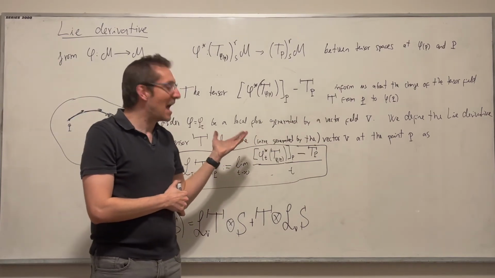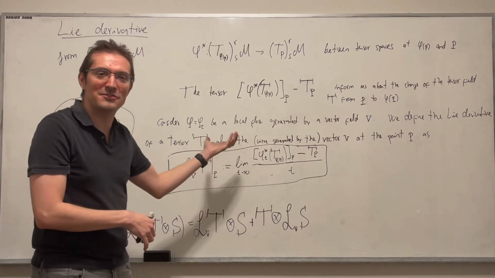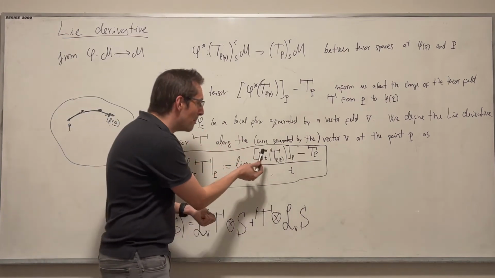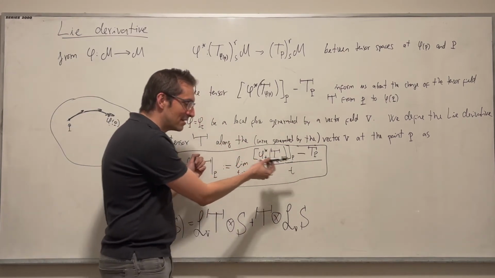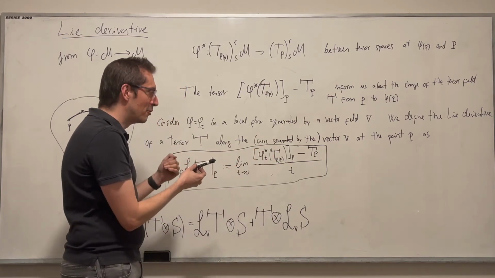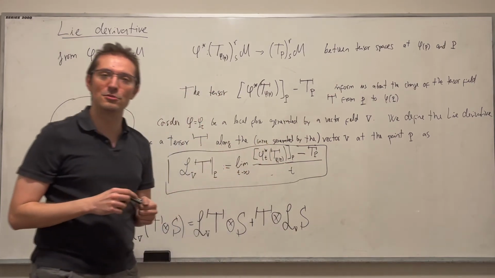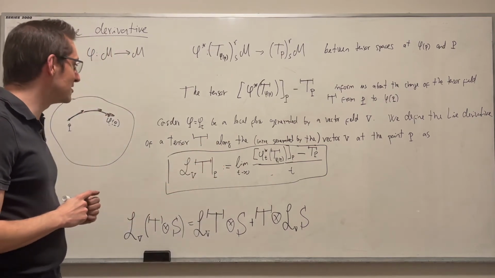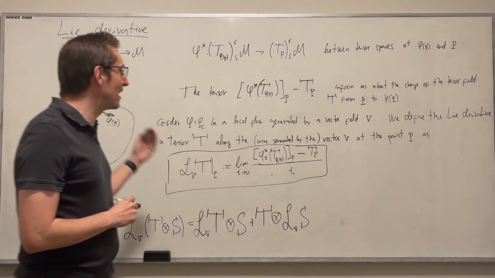So this is a generalization of the notion of derivative that you know: move a little bit, evaluate and subtract the value before you move, divide by distance, take the limit when it goes to 0. This is the definition of the derivative that relies on pullbacks.